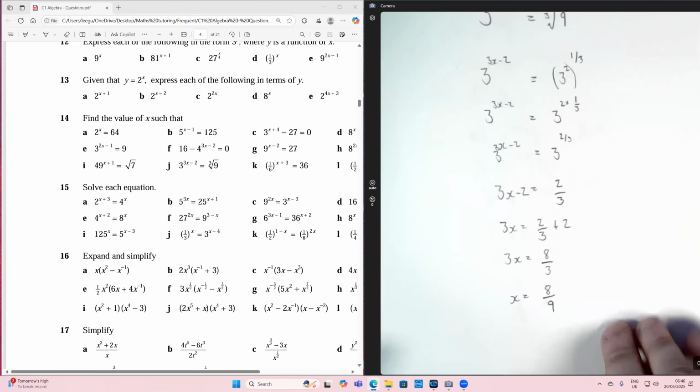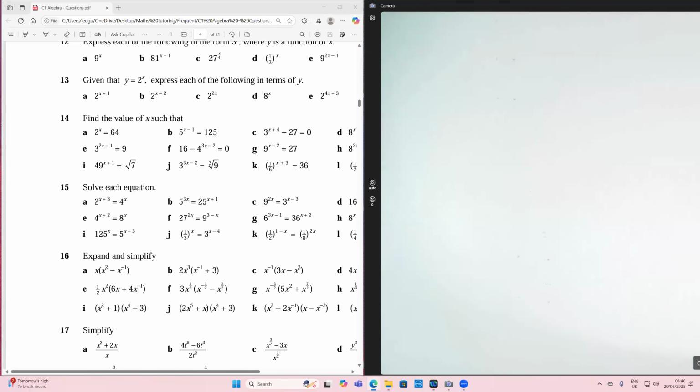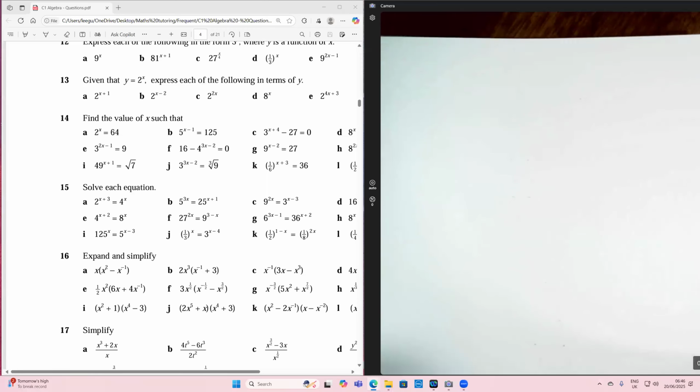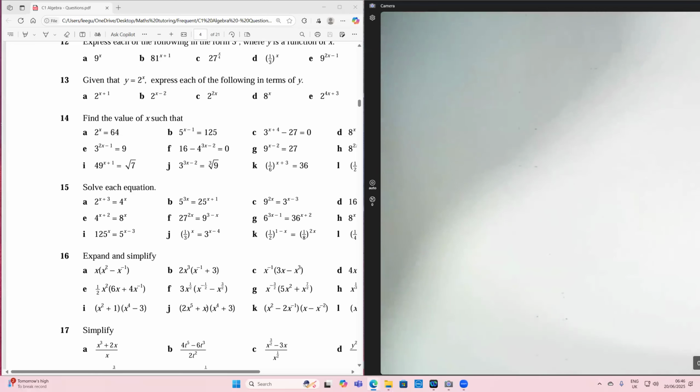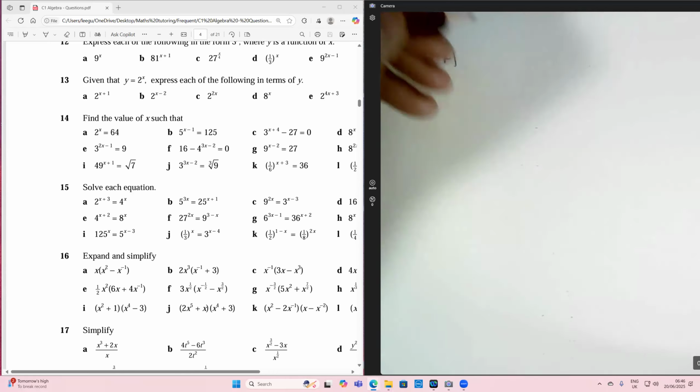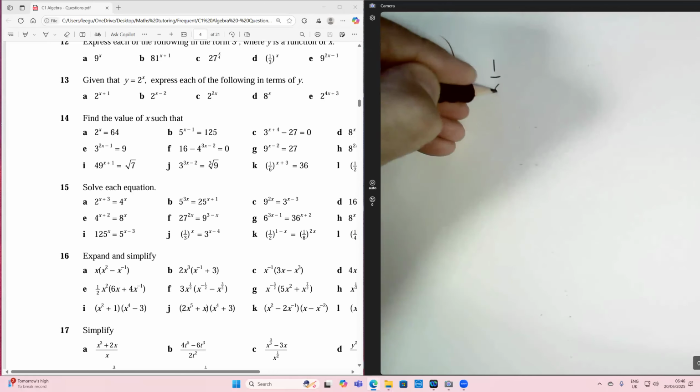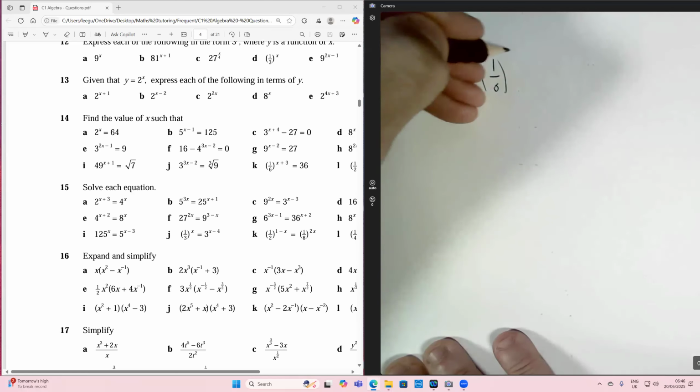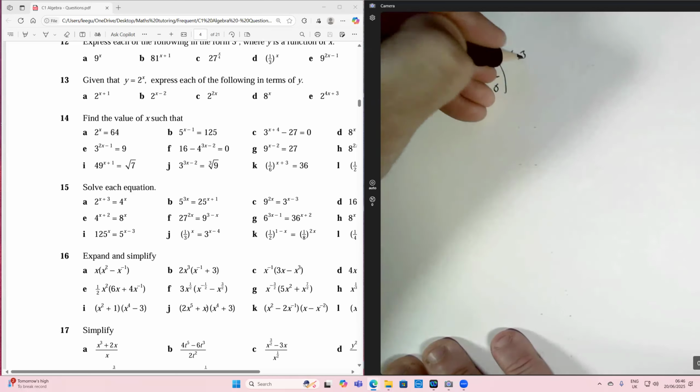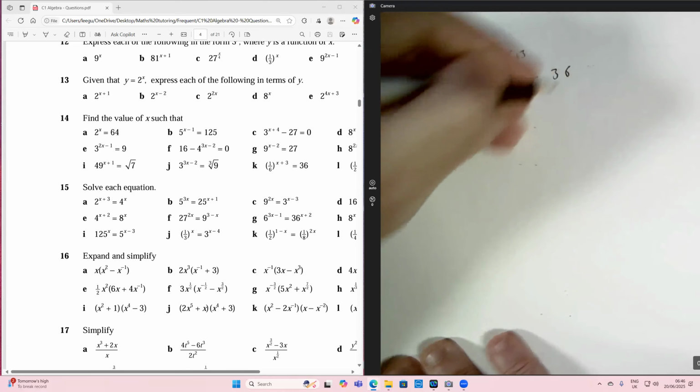Okay, let's have a look at k, because we haven't yet dealt with one where we have a fraction involved. So let's look at k as well. This is 14k. Now 14k is 1 over 6 to the power of x add 3 is equal to 36.